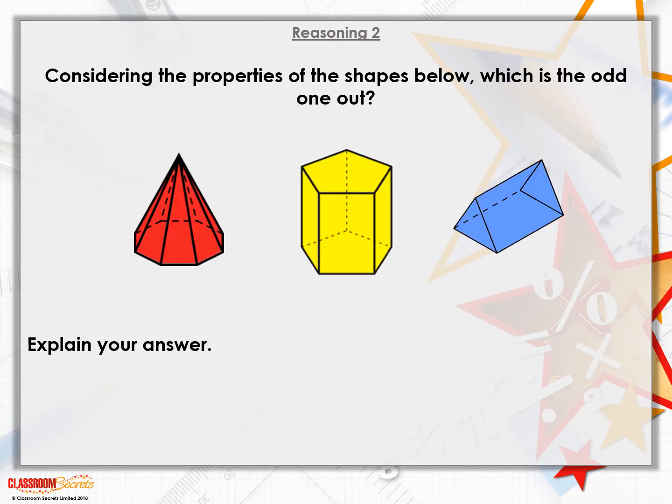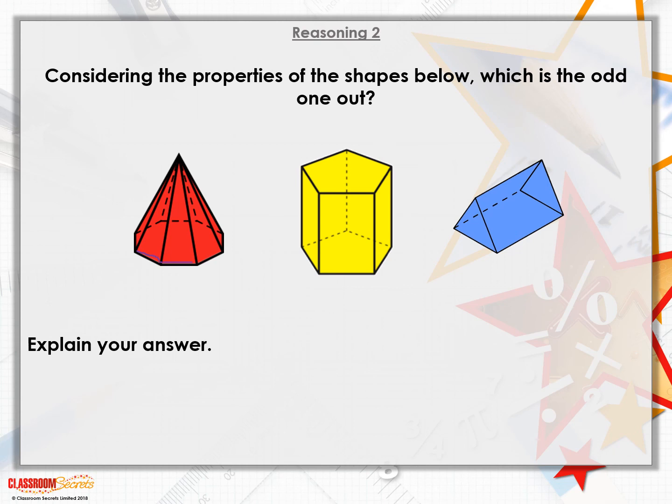And some more reasoning here. Considering the properties of the shapes below, which is the odd one out? Explain your answer. So as long as you can fully explain your answer, then you will be fine. So let's just figure out what these shapes are first of all. So here I'm looking at the base of this pyramid so I can figure out how many sides it has.